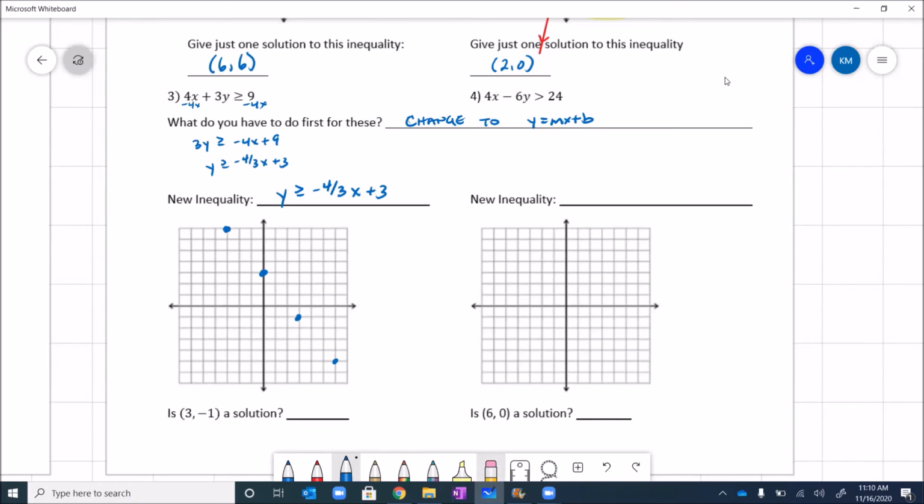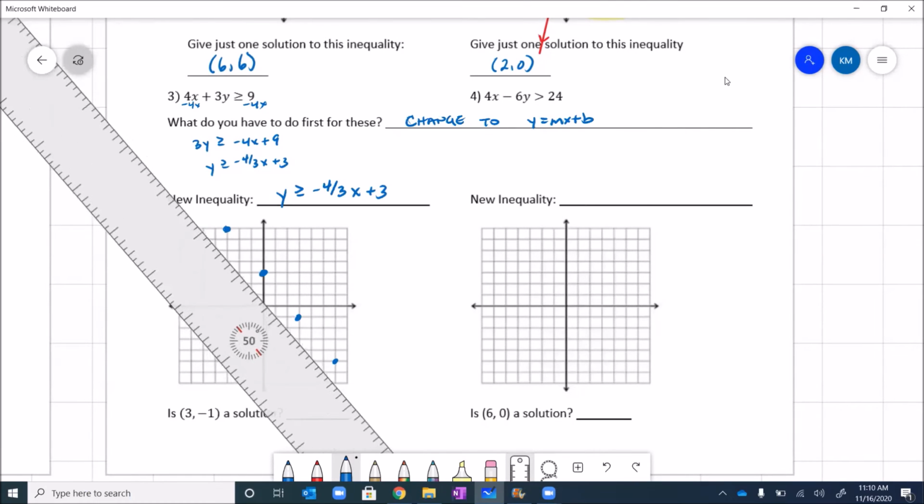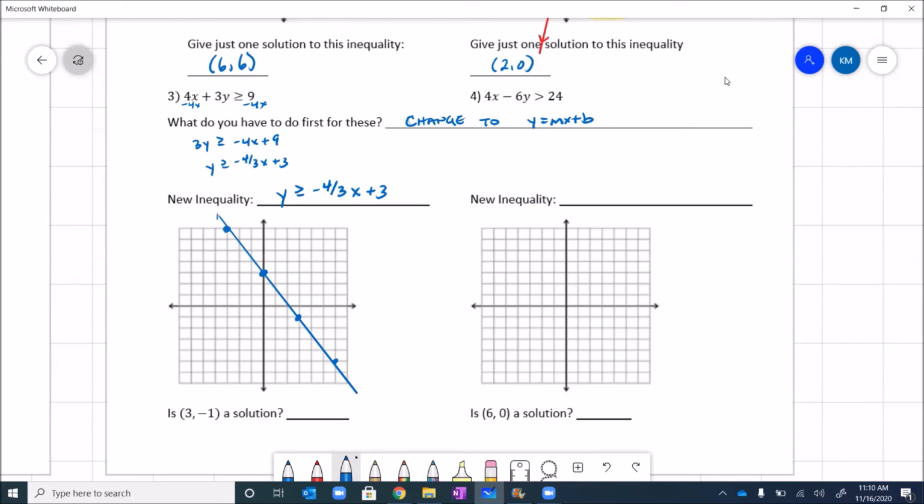My line should be solid because it's or equal to, and then it's greater than, so I'm going to shade above. So everything above. And also know that because it's a solid line, my line also could be a solution.